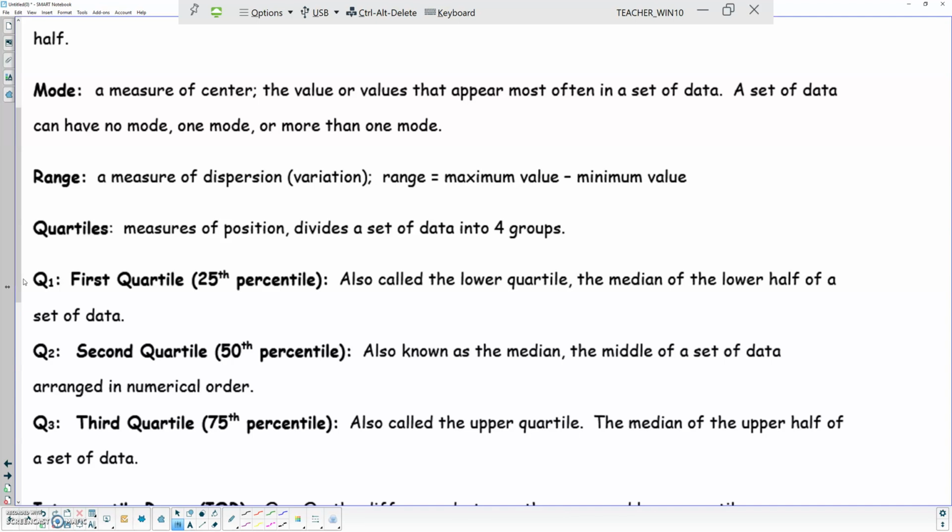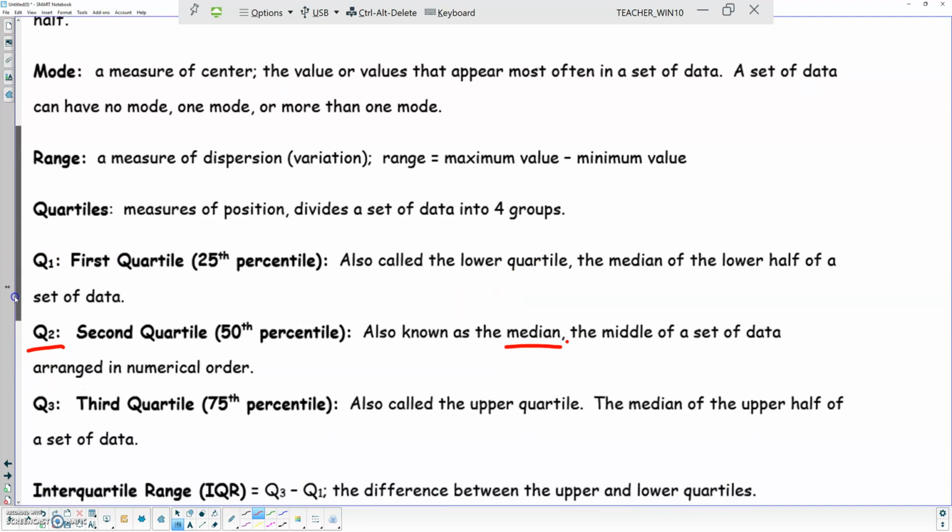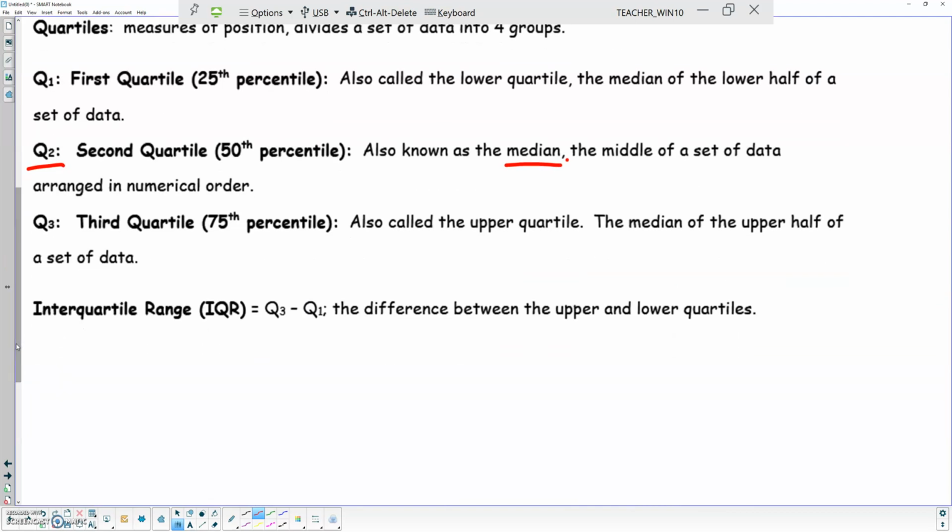So Q2 is the same thing as the median. It's the middle of a set of data when it's arranged in numerical order. Q3, or the third quartile, is the median for the upper half of the set of data. And then the interquartile range is the difference between the upper and lower quartiles. So it's Q3 minus Q1.